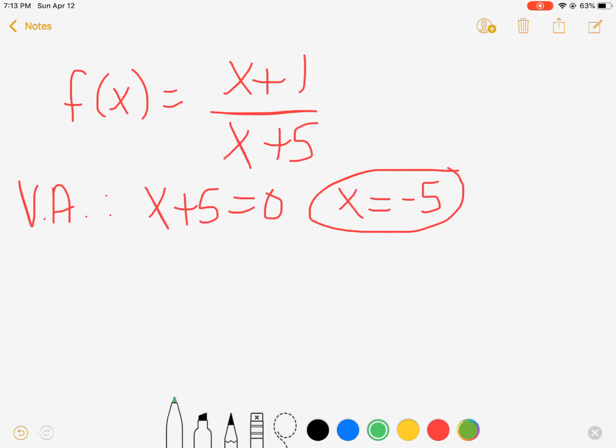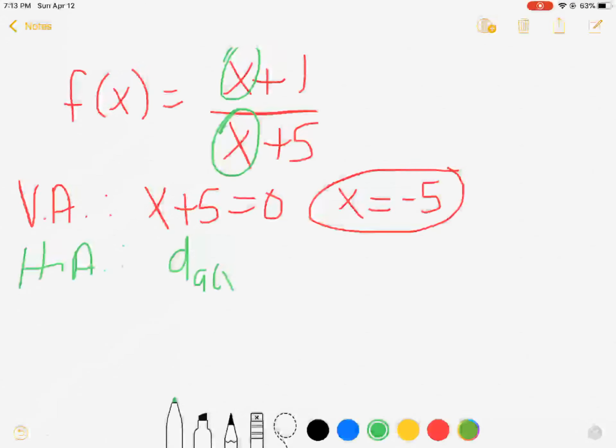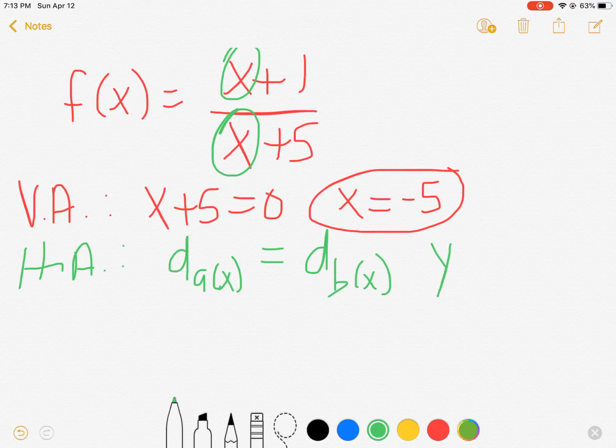Then when I compare the degree, this is x and this is x. So for my horizontal asymptote, the degree of the numerator is equal to the degree of the denominator. So then my equation is y equals leading coefficient over leading coefficient. Well, in this one, 1 over 1 will make my asymptote be y equal 1.